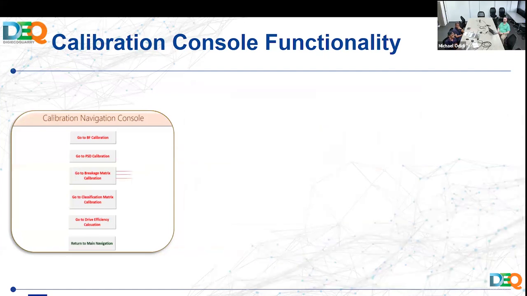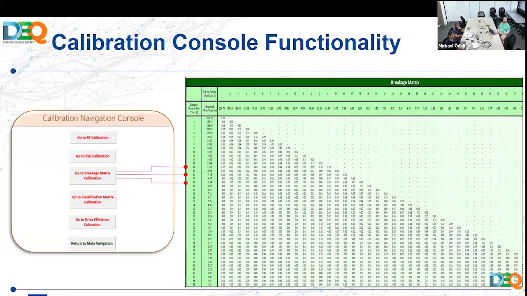We also have the breakage matrix, which, for those of you who are familiar, is derived from the breakage distribution function. It governs the size distribution of your daughter particles upon the breakage of your parent particles. So this looks at how the different particles in the crusher actually break. It's a matrix that governs that based on the breakage function parameters.